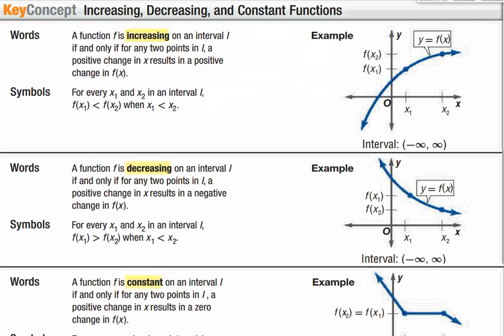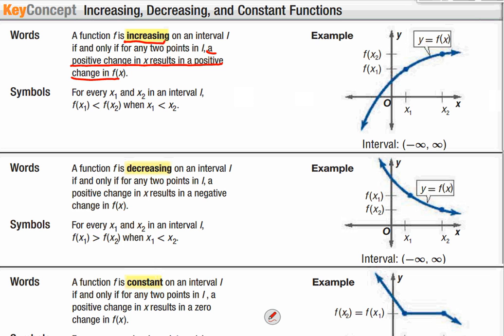So this is our next key concept. Take a few minutes and write yourself a note about this. Essentially a function f is increasing in an interval I if and only if for any 2 points you would pick, a positive change in x results in a positive change of f of x.